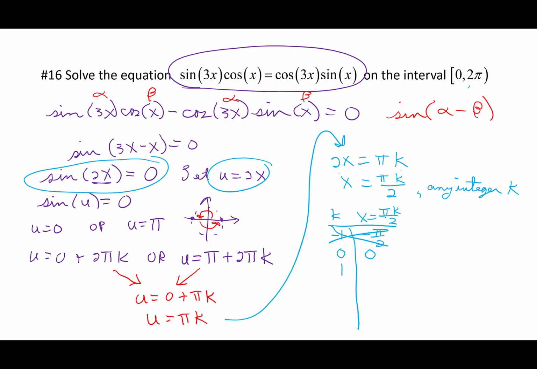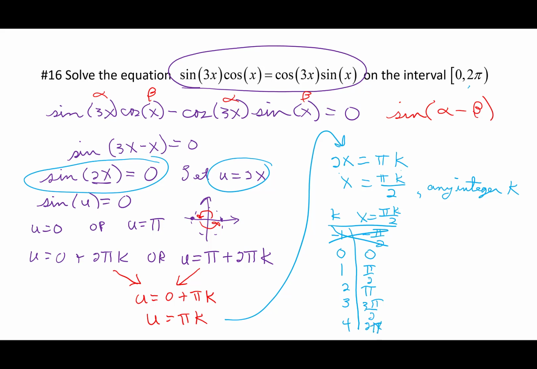If we put 1 in for k, x equals pi halves. If we put 2 in for k, we'd have x equals pi times 2 over 2, or just pi. If we put 3 in for k, we'd have x equals 3 pi halves. And if we put 4 in for k, we'd have x equals 2 pi.